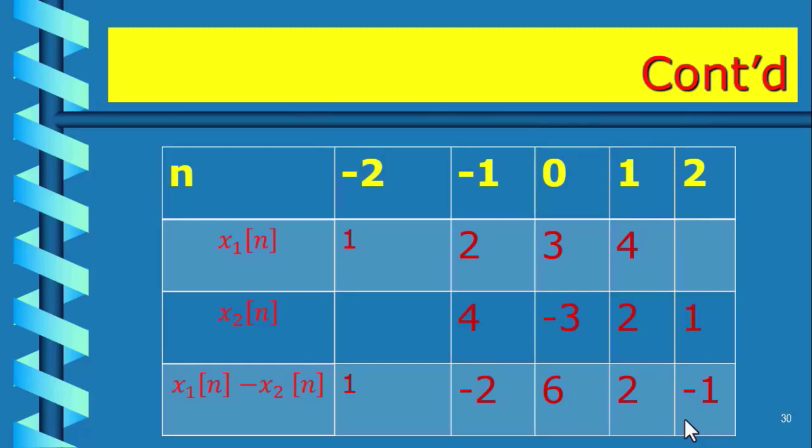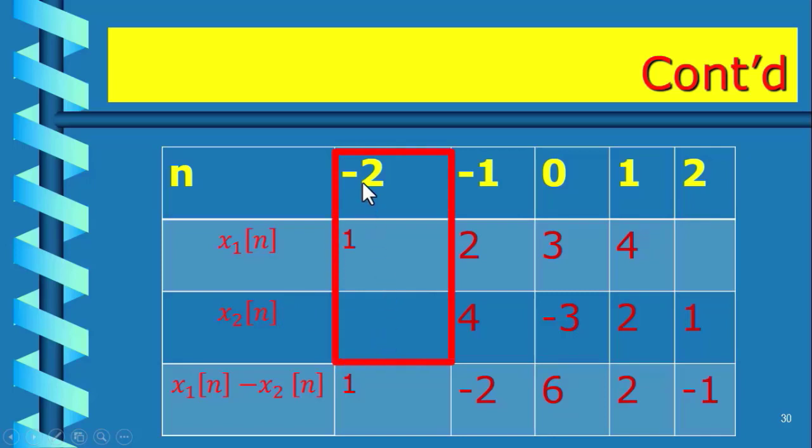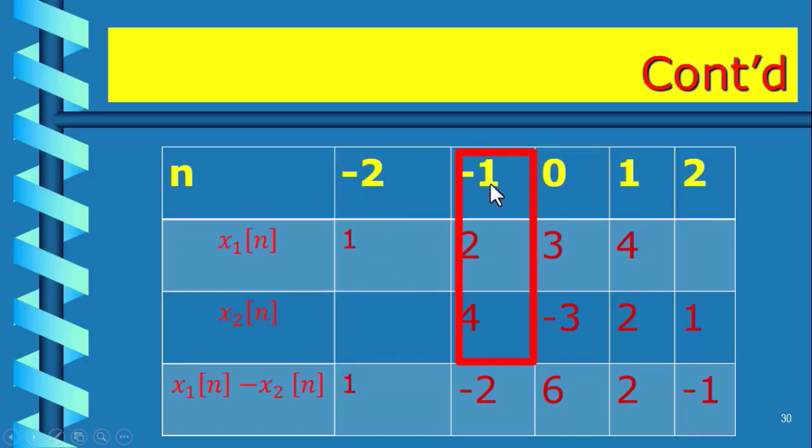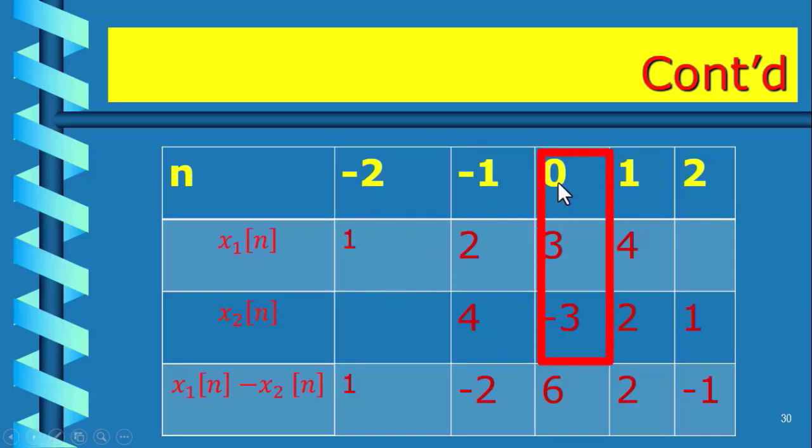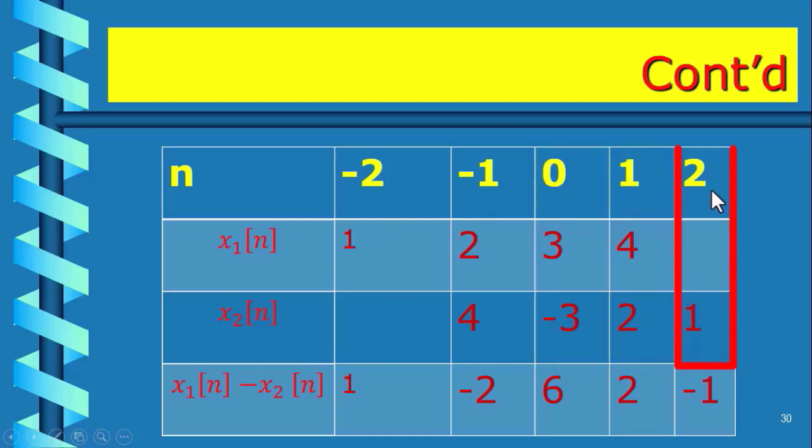Consider x1 of n to be 1 at n equals minus 2, 2 at n equals minus 1, 3 at n equals 0, 4 at n equals 1, and 0 at n equals 2. And let's consider x2 of n to be 0 at n equals minus 2, 4 at n equals minus 1, minus 3 at n equals 0, 2 at n equals 1, 1 at n equals 2.